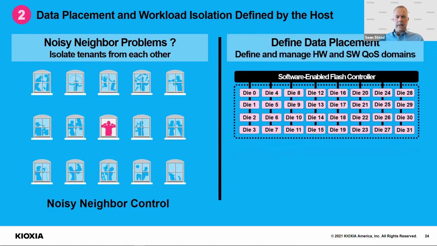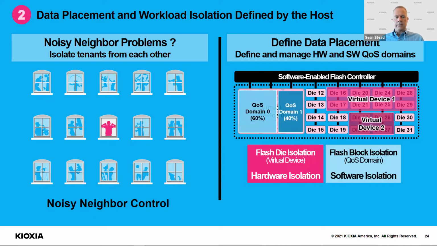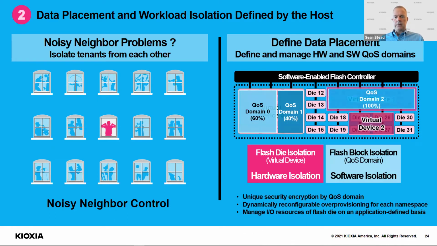So software-enabled flash helps solve workload isolation issues, such as the noisy neighbor problem, and helps manage the available bandwidth through application-controlled data segregation at the die and superblock stream level. At the hardware level, software-enabled flash can manage flash die isolation as a virtual device. And through software isolation, it can manage each application separately with their own namespace, protocol, and asserted security requirements. We call this our QoS domains.